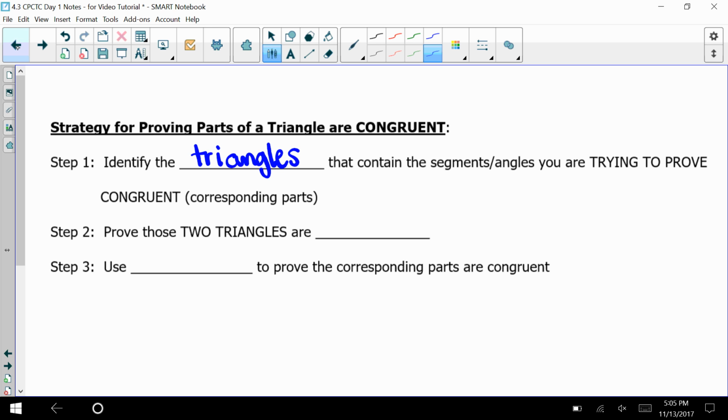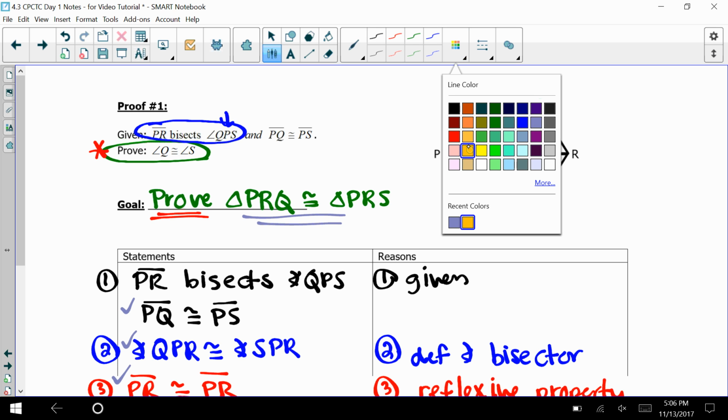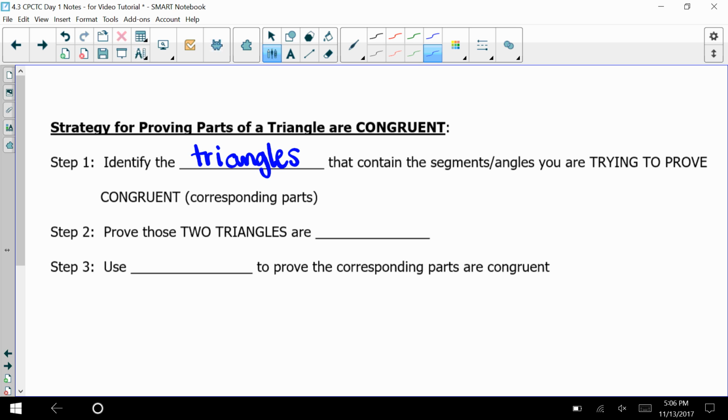So in the previous example, angle Q and angle S was what we were trying to prove congruent. So in looking at this, we knew that PRQ and PSR were the triangles that we needed to prove congruent first, and then we could prove that Q and S were congruent. So we want to do that first, and then we have to prove that those two triangles are congruent.